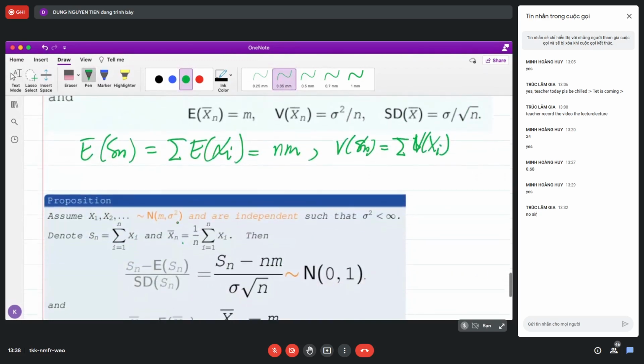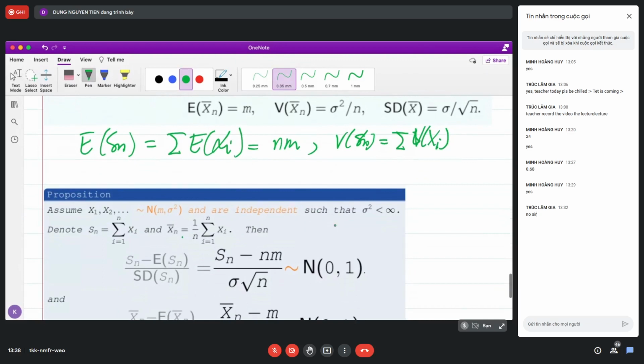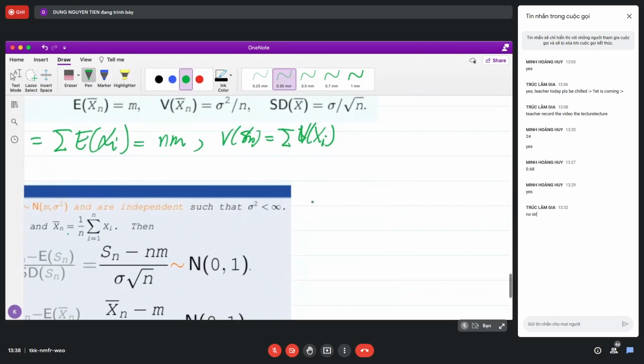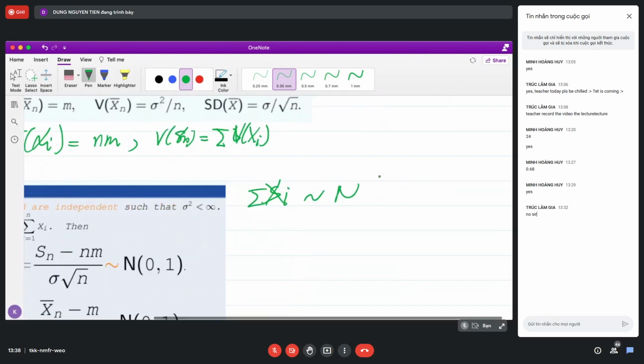Because they are independent, we can say that the sum of the xi follows a normal distribution, with the mean being the sum of the means and the variance being the sum of the variance values. Remember that.